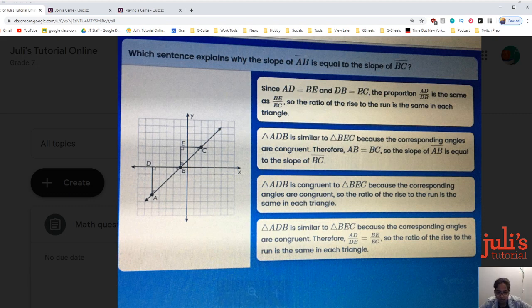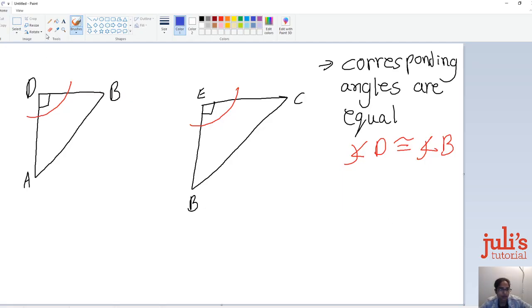I will actually redraw it so that you guys see it a little better. I'm going to draw it like how they drew it. They are in the same position, they just got flipped. So therefore, you could figure out which ones are the corresponding angles.